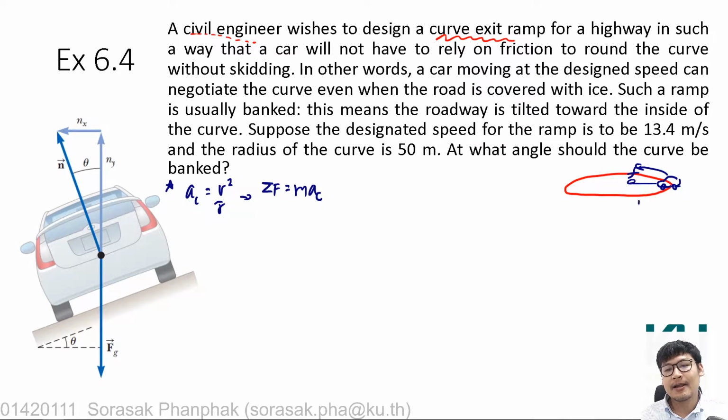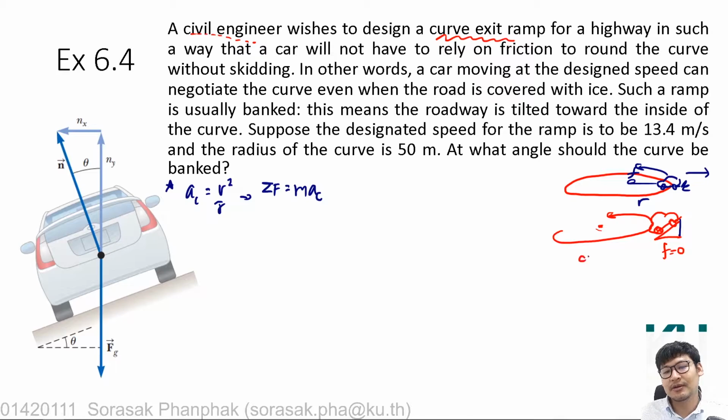With the radius of curvature, the car can stay on the curve without skidding out. That is the reason. But this time, with the ramp, this type of exit, you have a car on the ramp, and in this case we don't have any friction, so there's no friction here, and the car is moving on the ramp also in a circular motion.